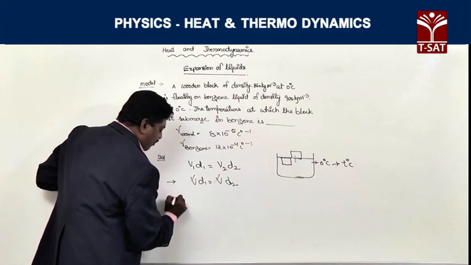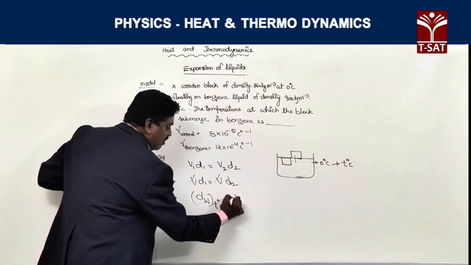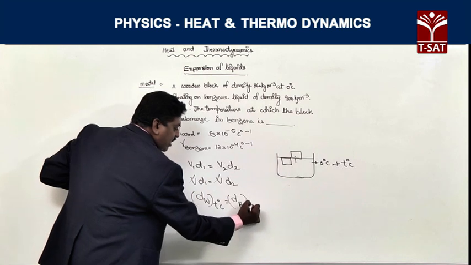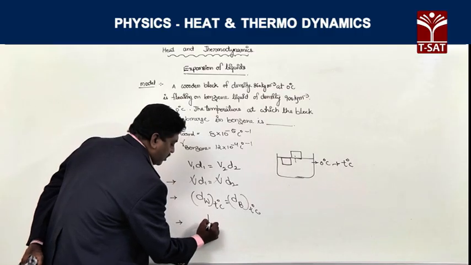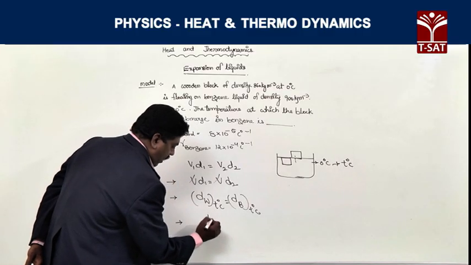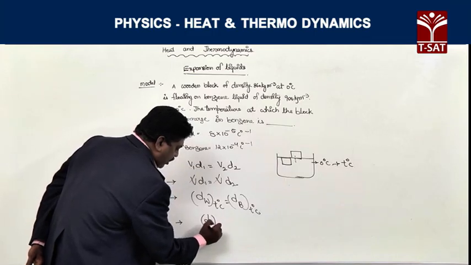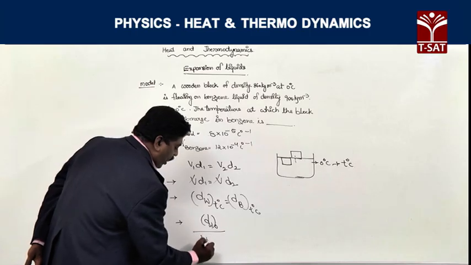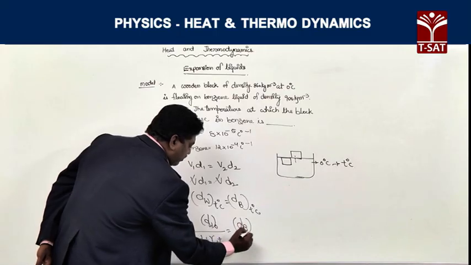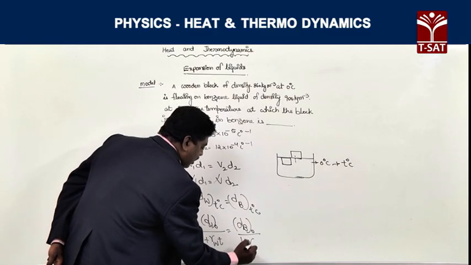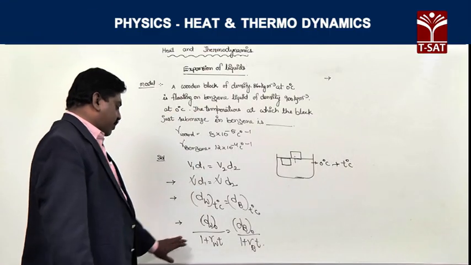So V gets cancelled off. Here the density of wood at T degrees Celsius equals the density of benzene at T degrees Celsius. Now, d_W at T degrees Celsius can be written as d_W0 by 1 plus gamma_W T, which equals d_B0 by 1 plus gamma_B T. Let us substitute the values in this expression.